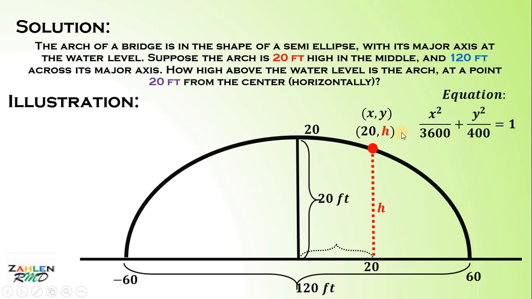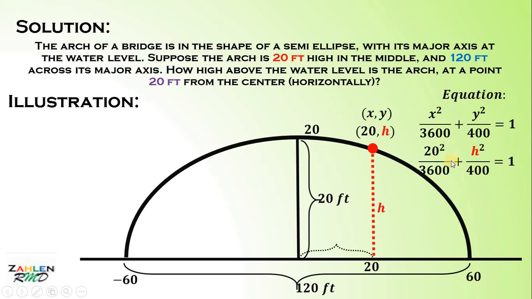Now, substitute these values into our equation and solve for h. If we do that, the x-coordinate must be 20, so we have 20 squared over 3600 plus, y becomes h, h squared over 400 equals 1.